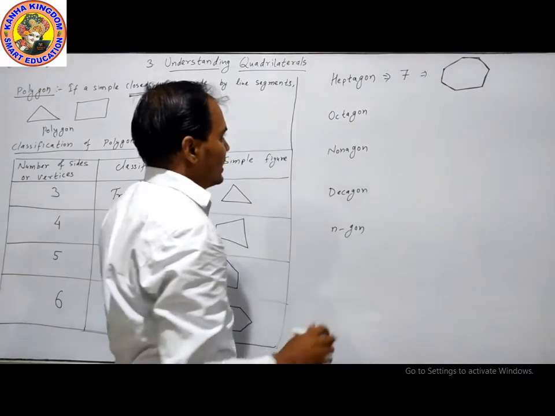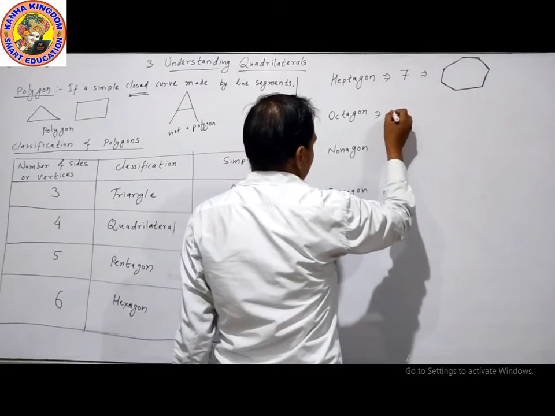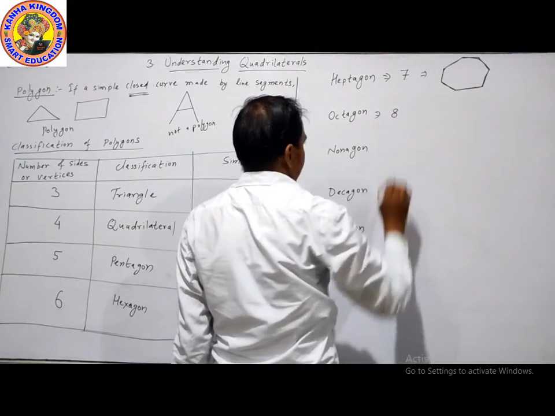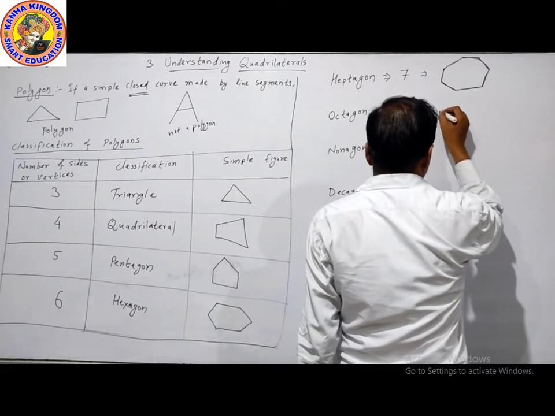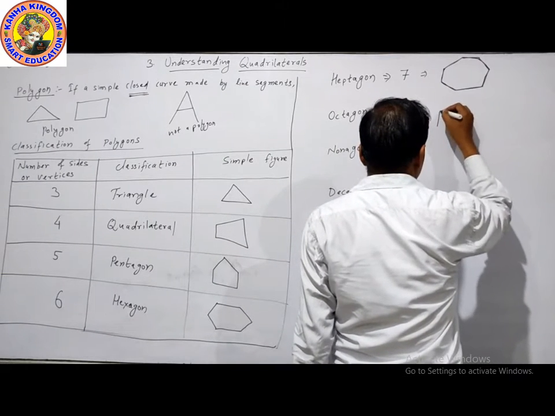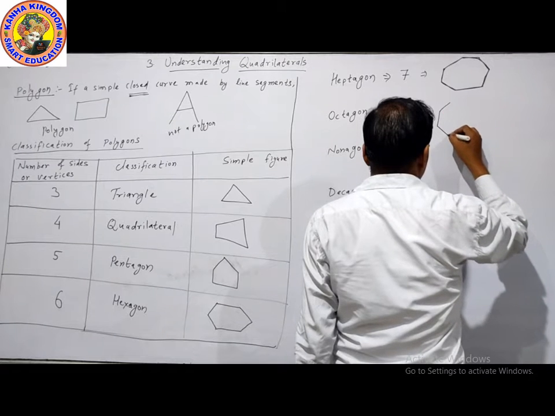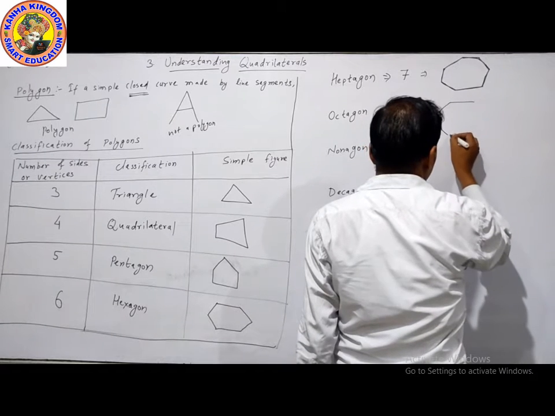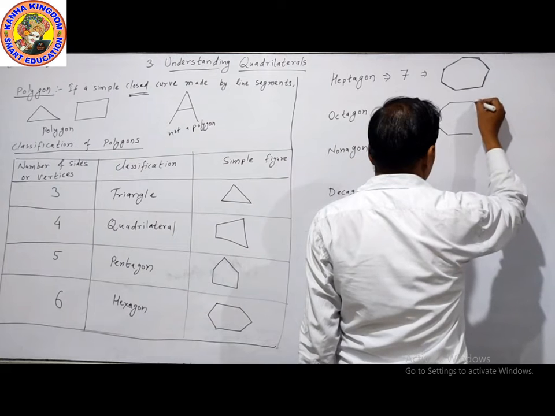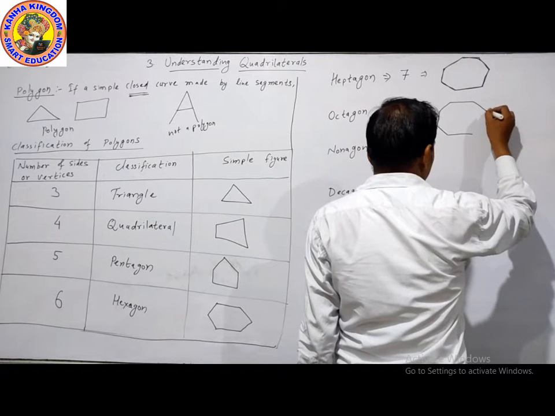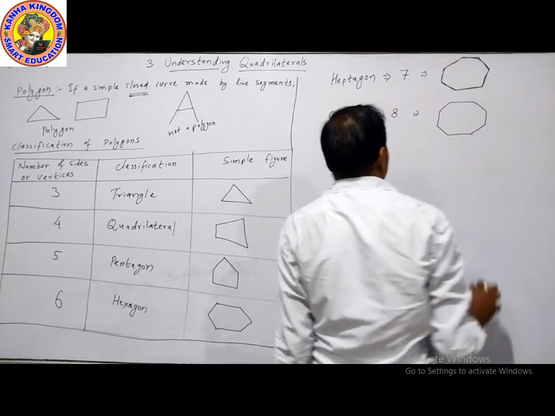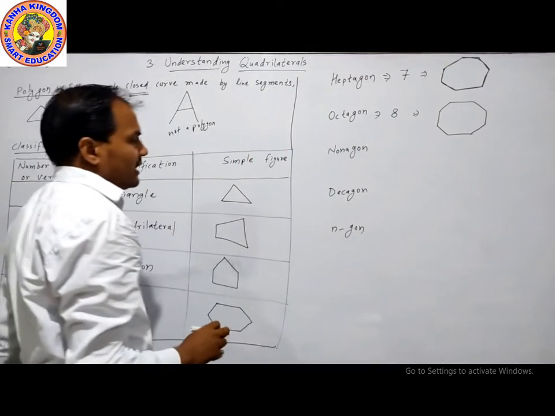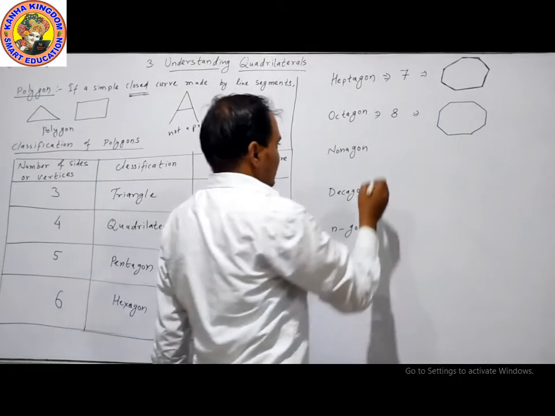There are 7 sides. Octagon. Octagon having 8 vertex or 8 sides. We made octagon. 1, 2, 3, 4, 5, 6, 7, then 8. There are 8 sides or 8 vertex.